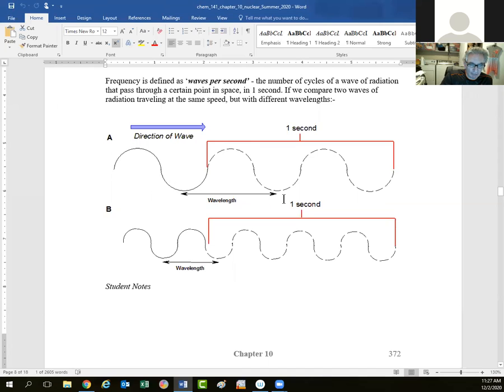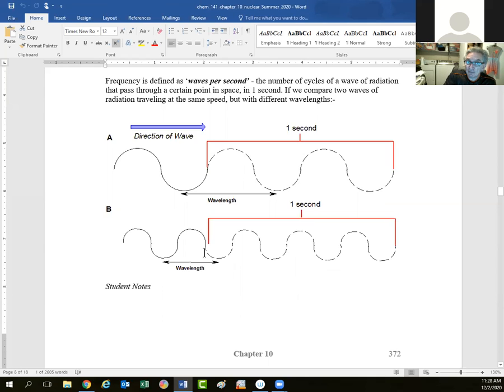That gives us the wavelength. And if the wavelength is longer, then the number of waves passing through over 1 second is lower.